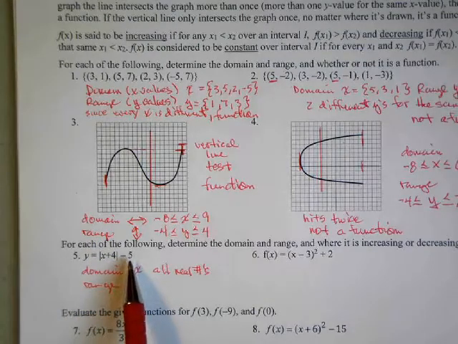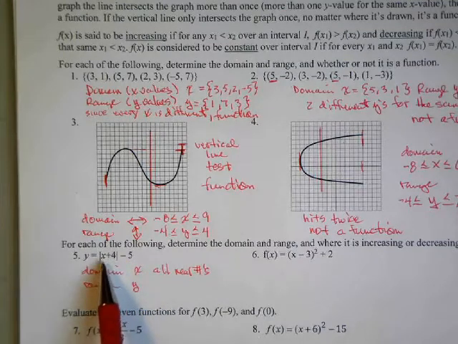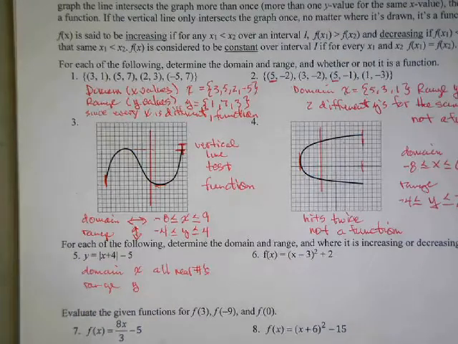On the other hand, if I put in negative values of x, the absolute value will still turn it positive. So I'll still have a positive number, subtract a negative number. So again, it's going to be bigger than -5.